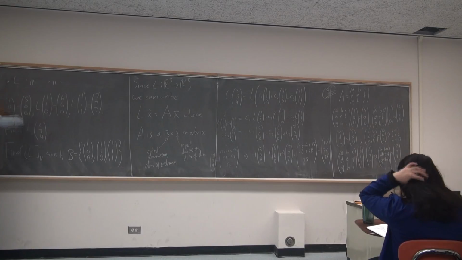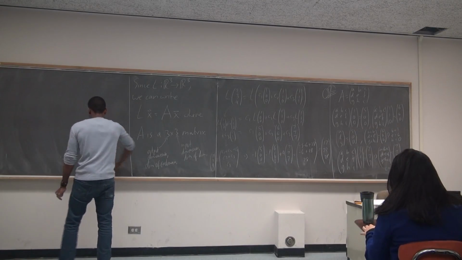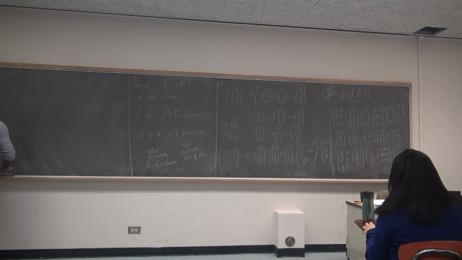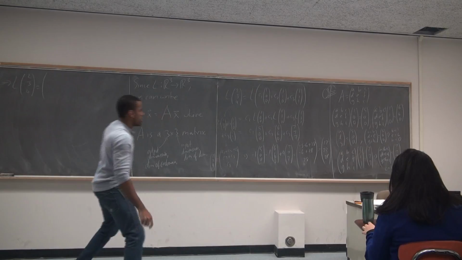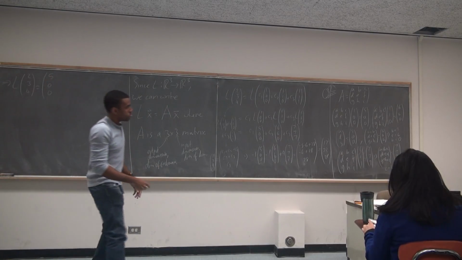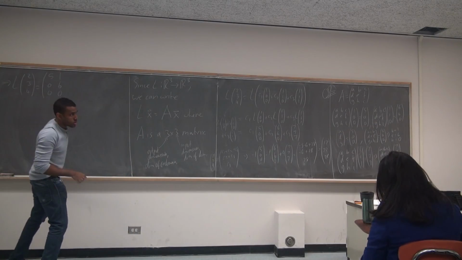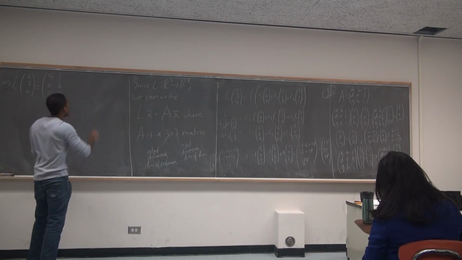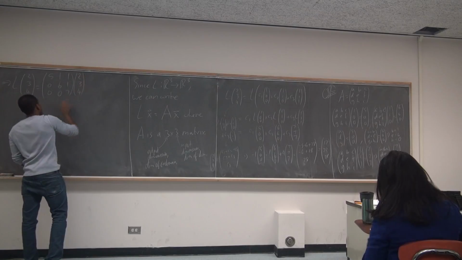And so that's my matrix A. I can just multiply that by 2, 3, 4. So that's 5, 0, 0; 1, 6, 0; and 1, 1, 7 times 2, 3, 4.